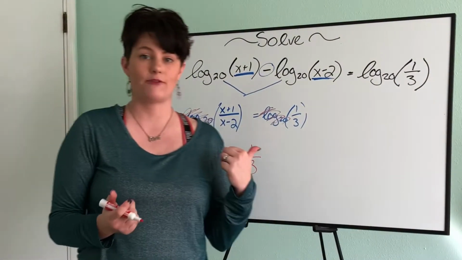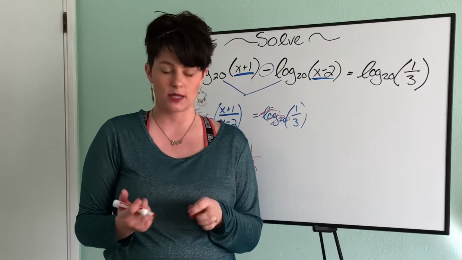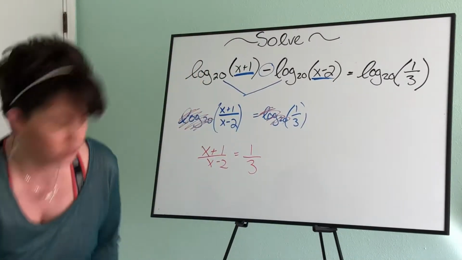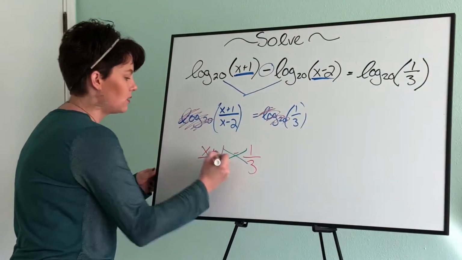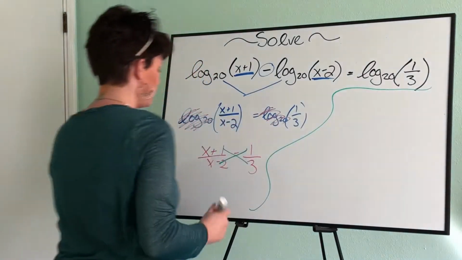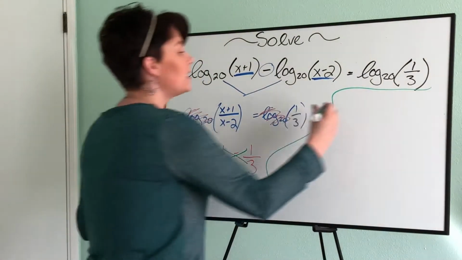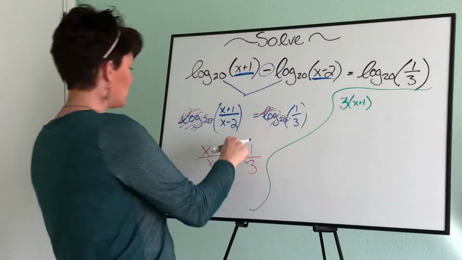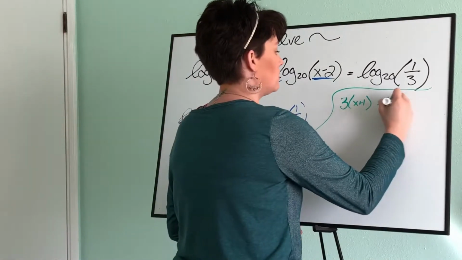And now we just got to solve that for x, just like we've been solving our whole lives with algebra. I personally like to cross multiply here. So just cross multiply, so we have, let's make some space. There we go. So 3 times x plus 1 and 1 times x minus 2.